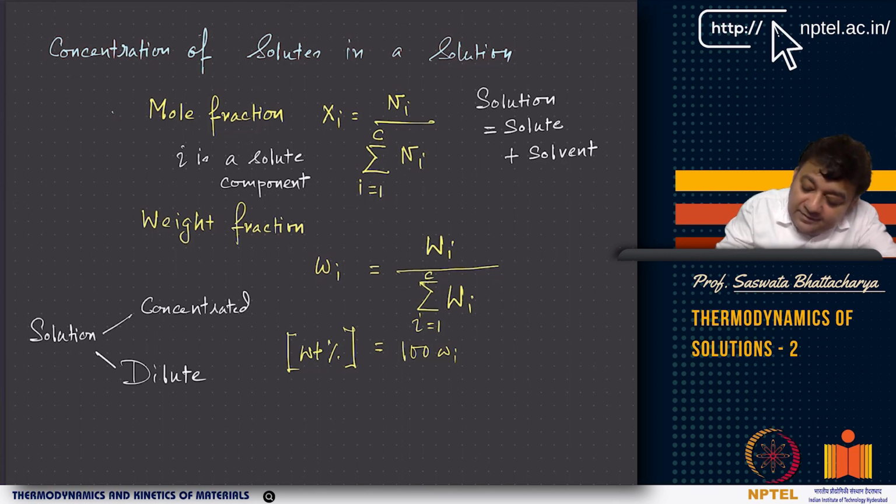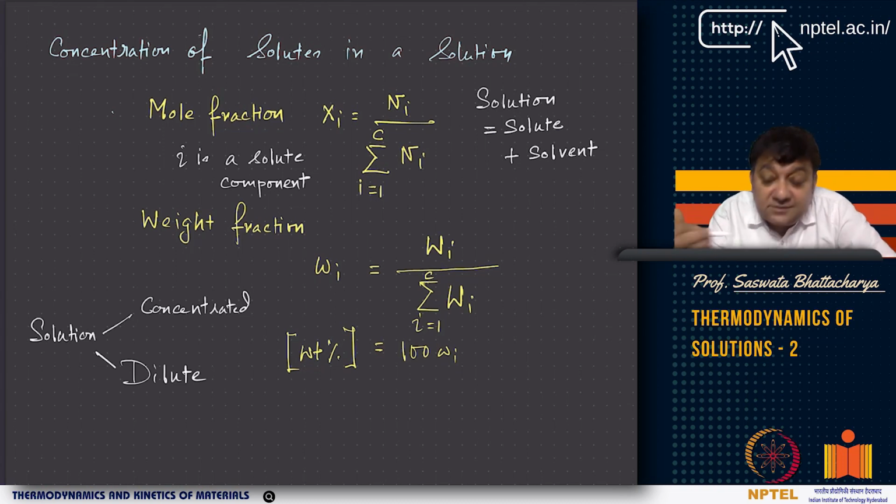Then Ni is the mole number of I, and you have the total number of moles including the solvent, which is the summation I equal to 1 to C, because the components include the solutes as well as the solvent.